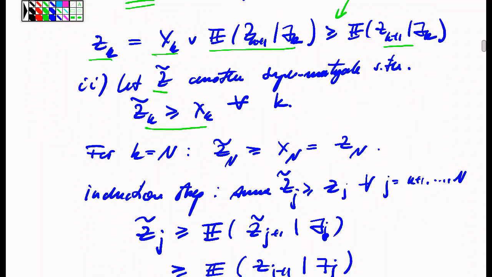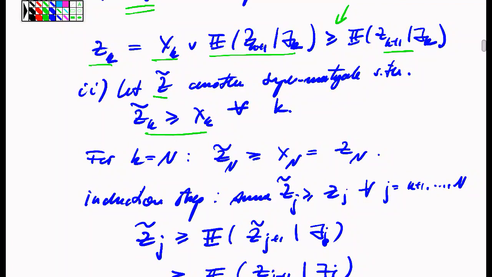And what we want to show is that Z tilde then must necessarily be bigger than Z. We prove that by induction, again in inverse time. Namely, at terminal time, Zn tilde is by assumption greater or equal to Xn, which by construction of Zn is the same as Zn.